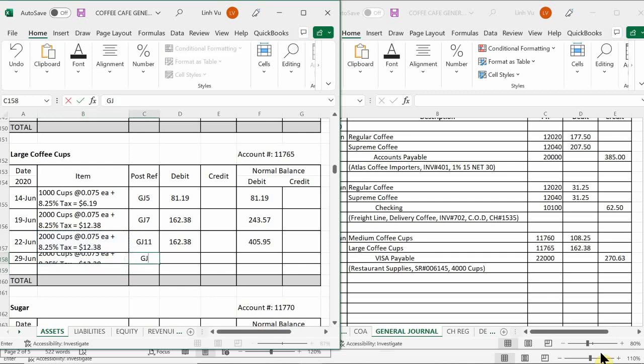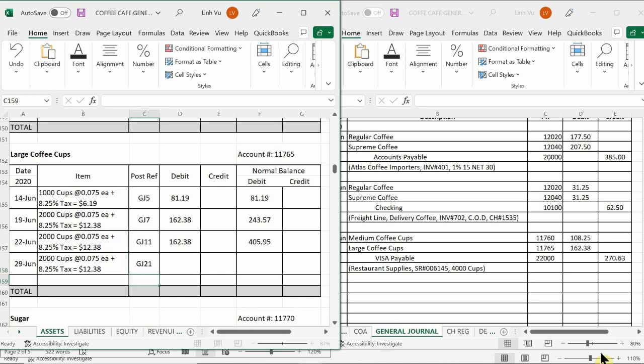So therefore, Journal 21, it was $162.38, which once again is going to give you $568.33.